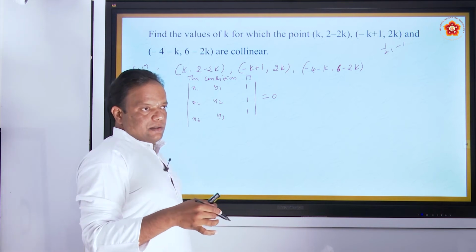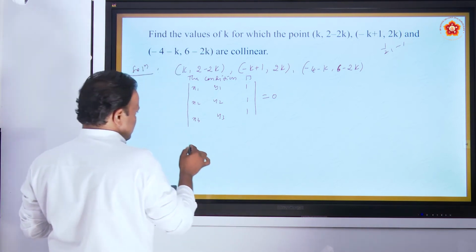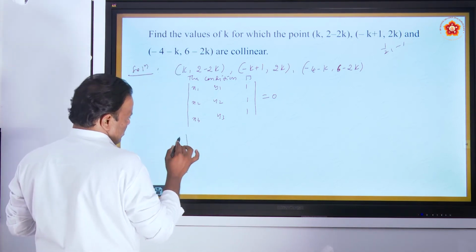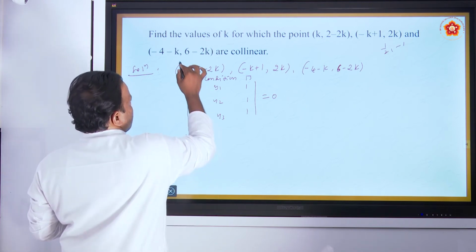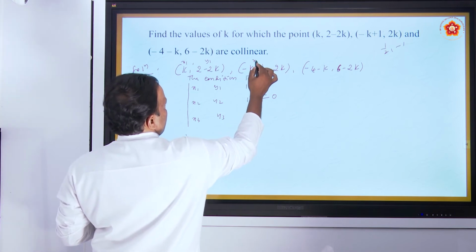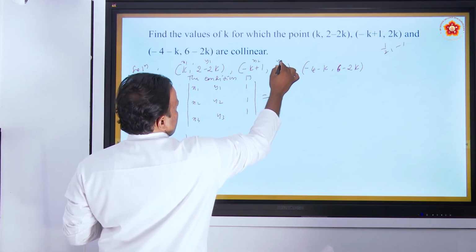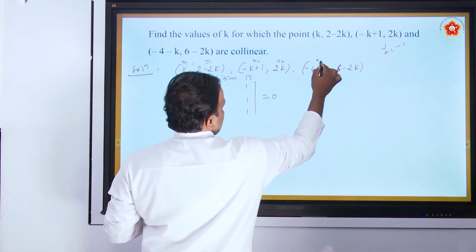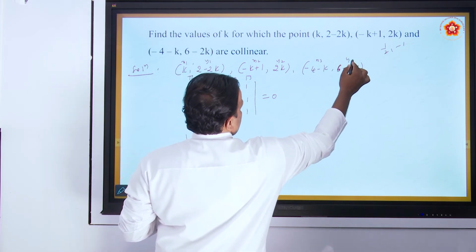Then the 3 points are collinear. Then substituting values: x1 is k, this is y1, this is x2, y2 is 2k, this is x3, and this is y3.